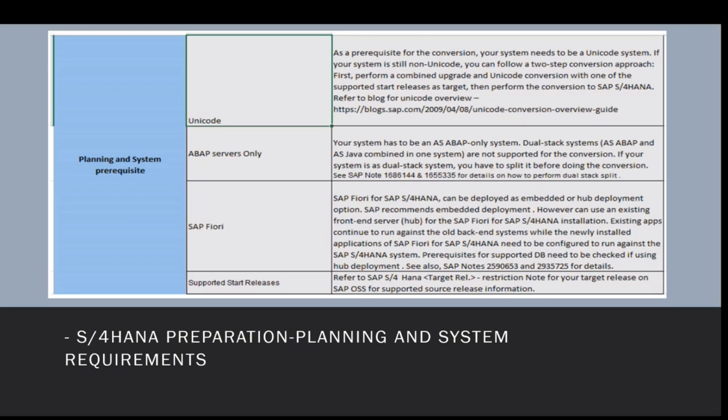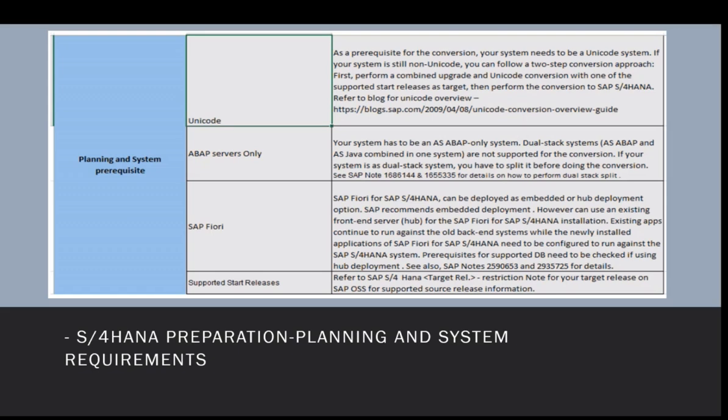There is a universal language to be followed in the system. Whatever system is following the universal language in its coding, ASCII coding, that system is known as Unicode. Whatever systems are not following that code are known as non-Unicode.